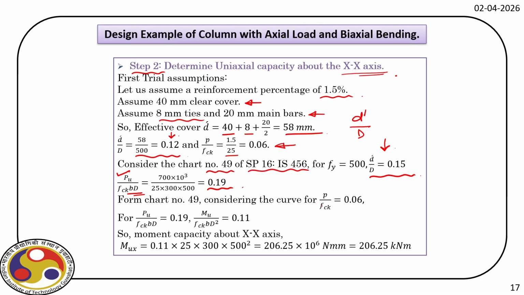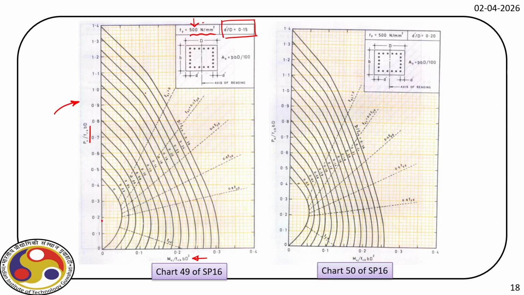Then we have to consider the curve for p by fck, which is 0.06. So here you can see it is this curve that we refer to.